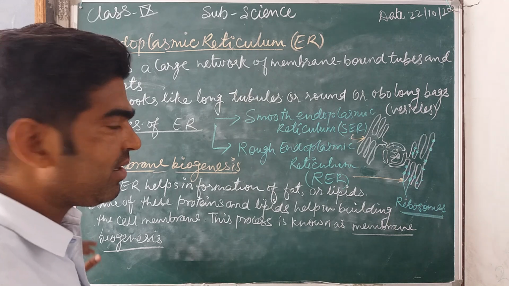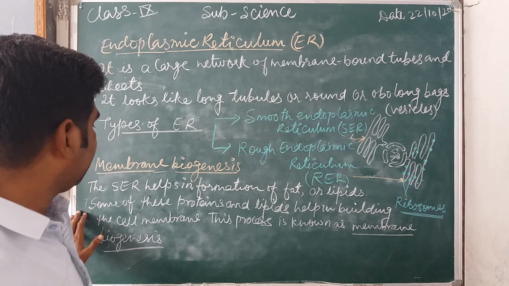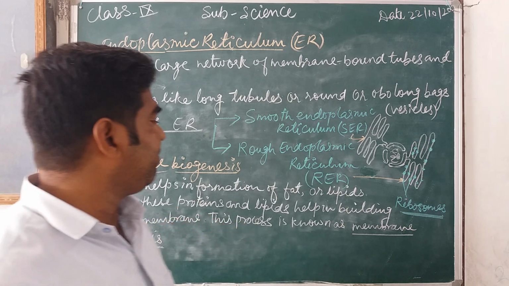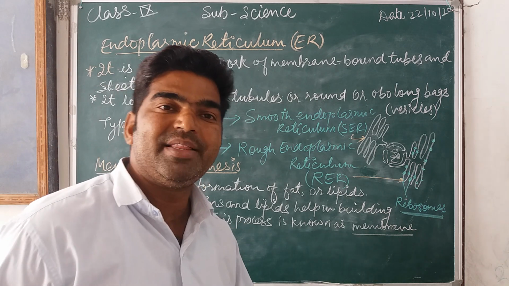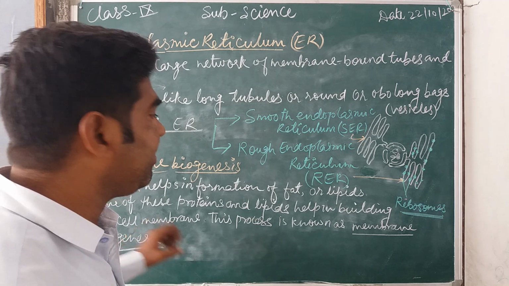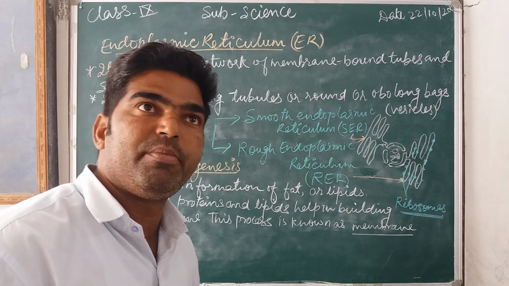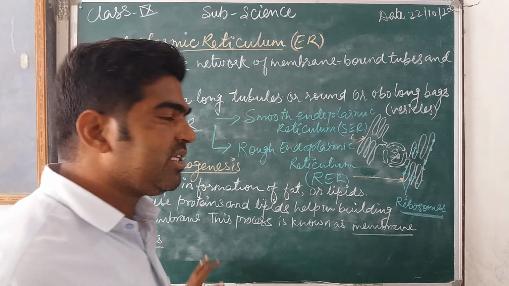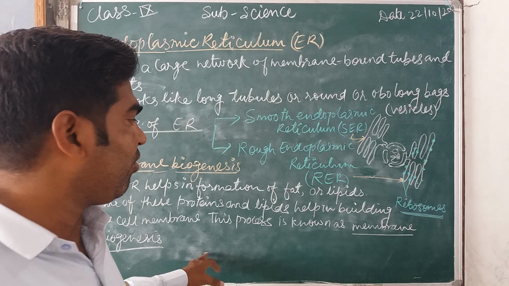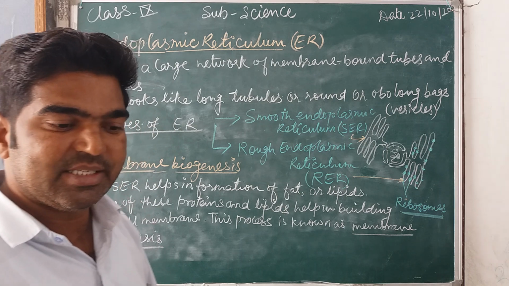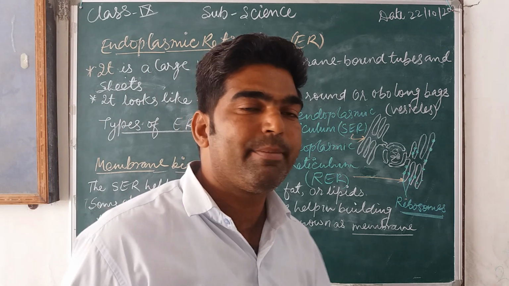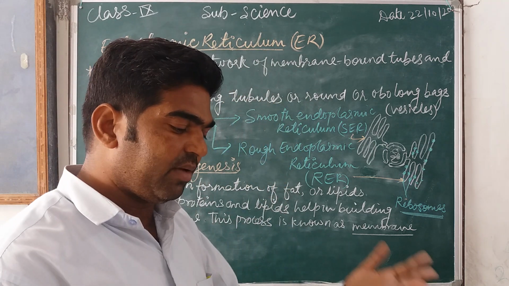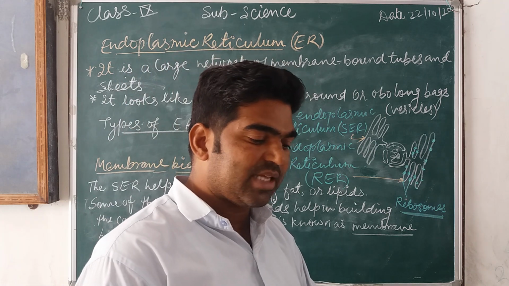You can write it like this: some proteins and lipids formed by the endoplasmic reticulum help in the manufacture of the cell membrane, and this phenomenon is called membrane biogenesis. So it is clear what membrane biogenesis is. It may be a question in your textbook exercise.